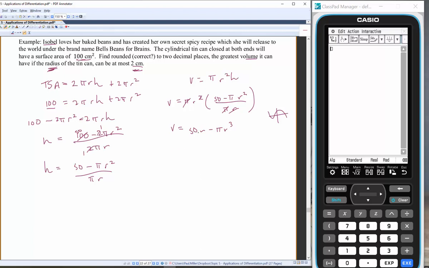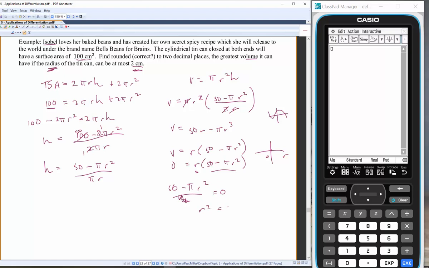And well, it was already in this form here, but I'm going to refactorize it. 0 equals r times (50 take away pi r squared). So what I'm going to do is get an idea of what it looks like. It's going to have an r-intercept at 0. That's that one there. And 50 take away pi r squared equals 0.